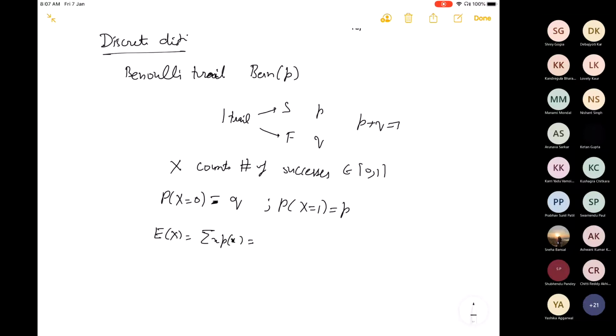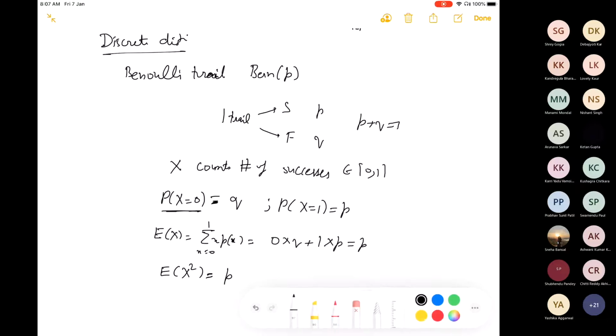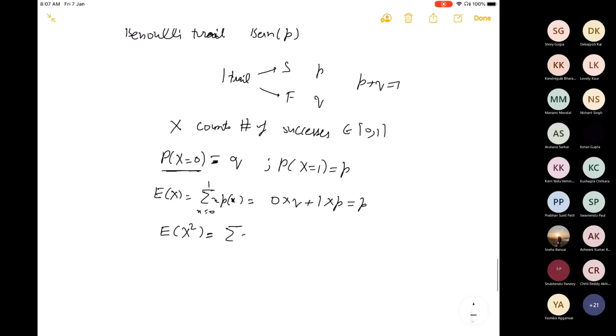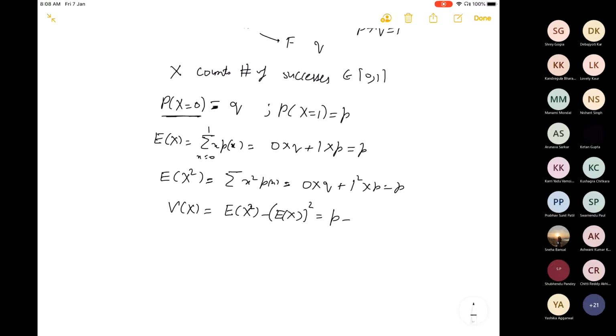When X is 0, p(x) is Q, so 0 into Q plus 1 into P, so P. Similarly, expected value of X square is also P, because this will be 0 square into Q plus 1 square into P. So variance of X will be expected value of X square minus expected value of X whole square, which will be P minus P square, which is P into 1 minus P, which is P into Q.